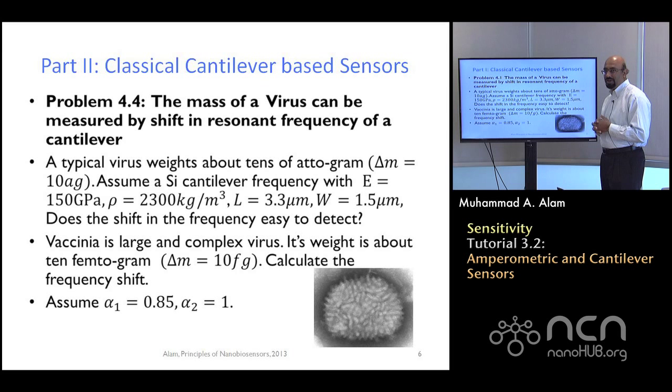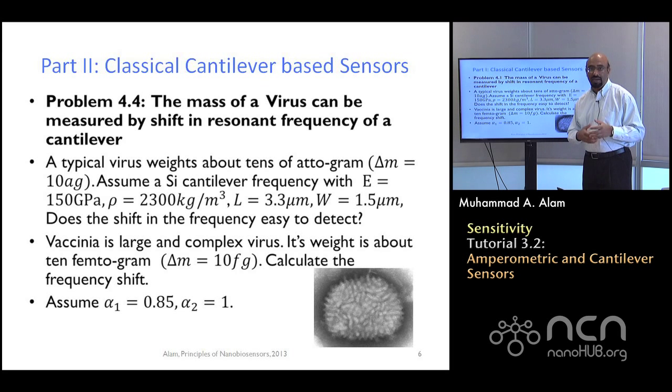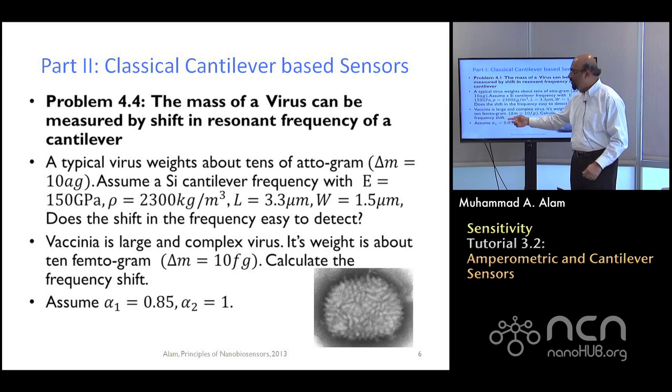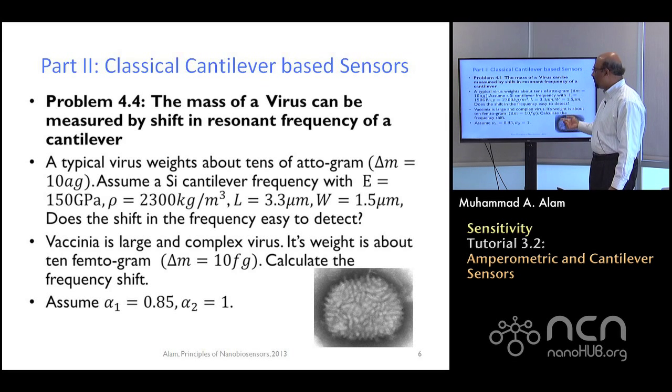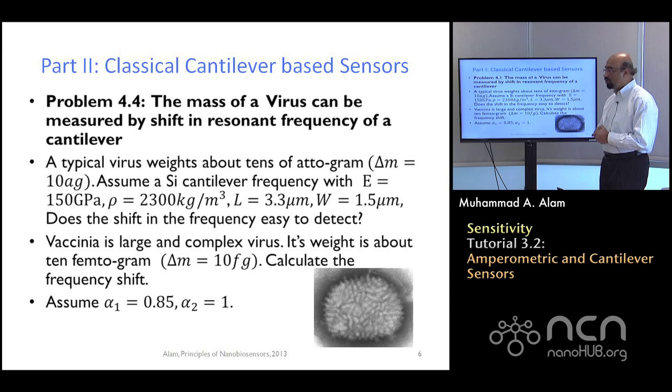Because that would be good, because most of the viruses have this type of range. But there are other viruses which are considerably bigger, which are rare. And these viruses are, for example, about 1,000 times bigger. So 10 femtogram, whereas typical viruses are 10 attogram. And let's see whether we can calculate the corresponding frequency shift.